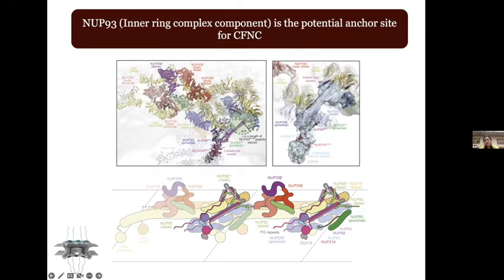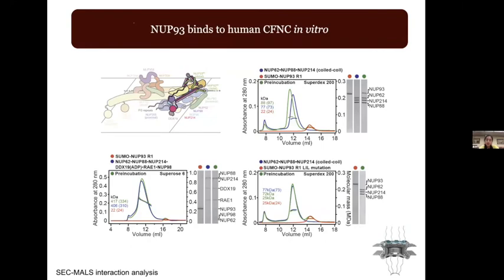Even though there is no density for the 93 C-terminal region, we considered the distance and reasoned that it is probably the anchor site for the CFNC.